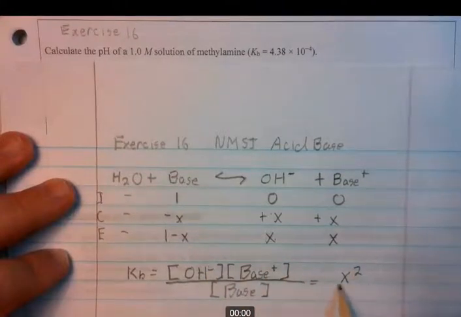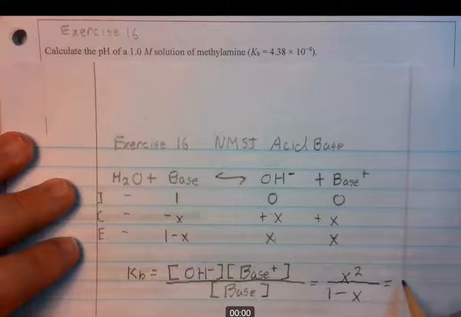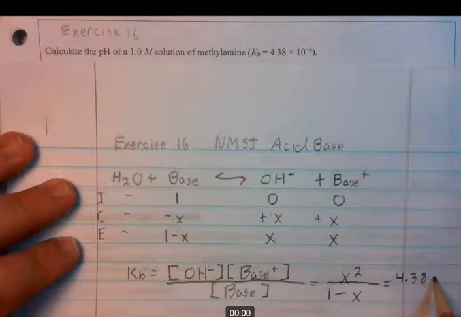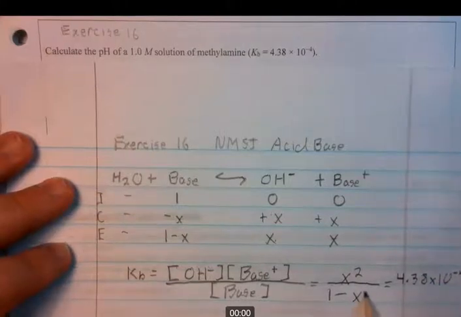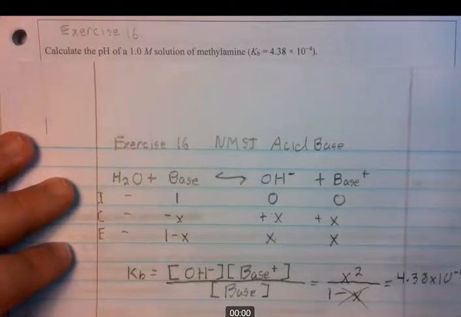It's going to be X squared over 1 minus X equals the dissociation constant, the base dissociation constant, so 4.38 times 10 to the negative 4th. Alright, we can assume that the X will go away. So all we have left is X squared equals that. So we're going to take the square root of both sides.